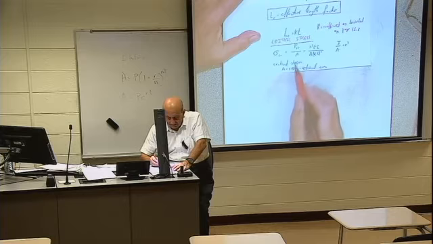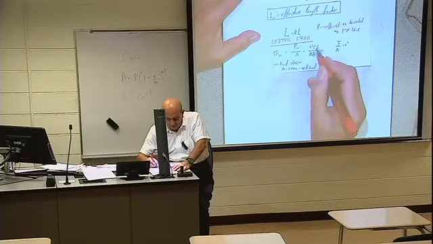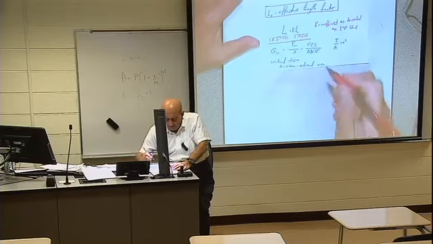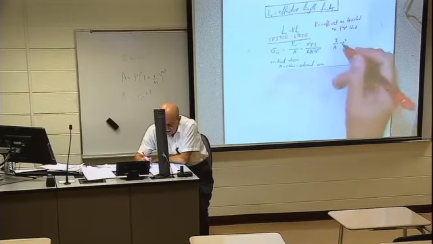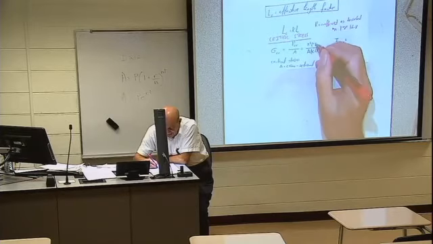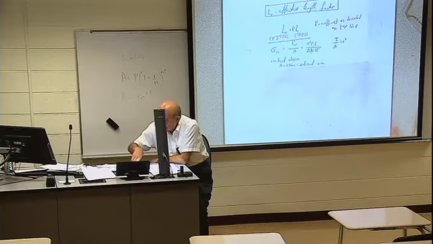So for the simply supported case, or for the general case, it will be pi squared EI over KL squared, divided by A. That is a moment of inertia, that is A, the area of the cross section.